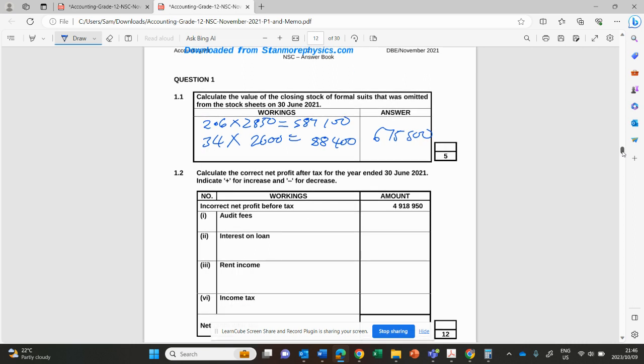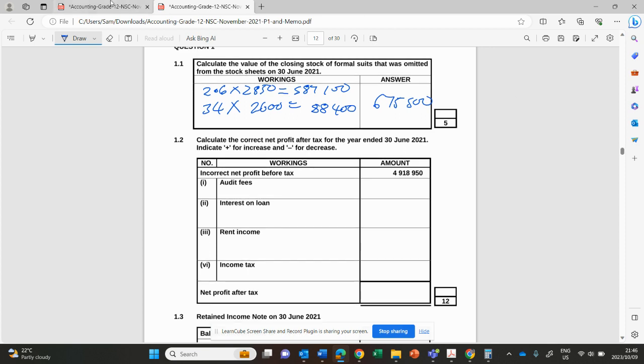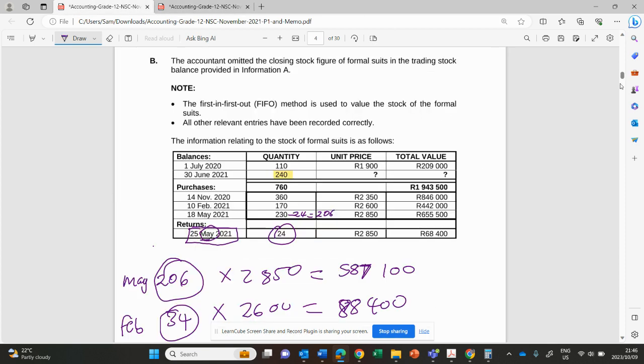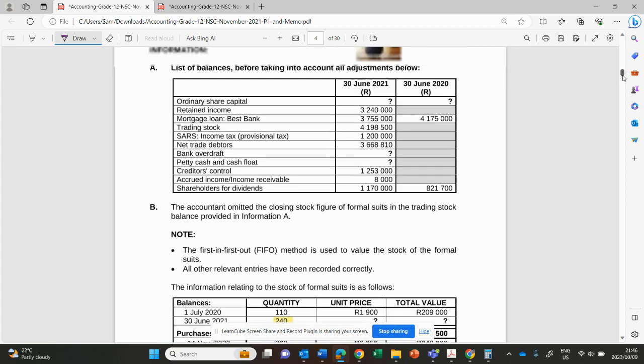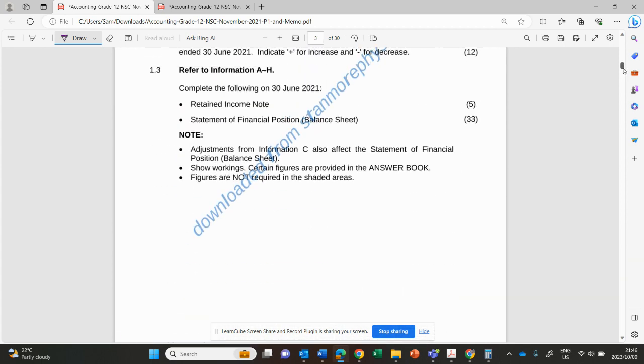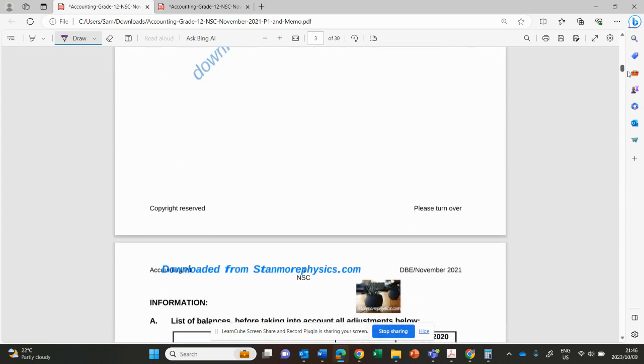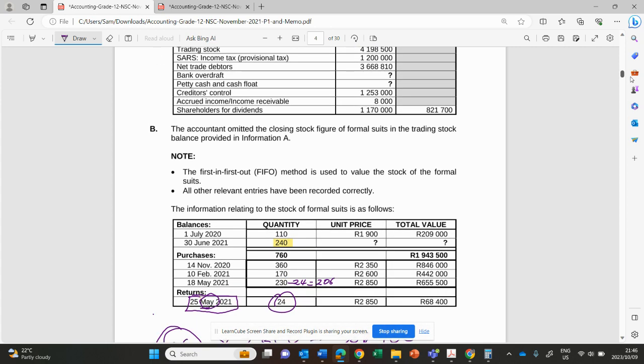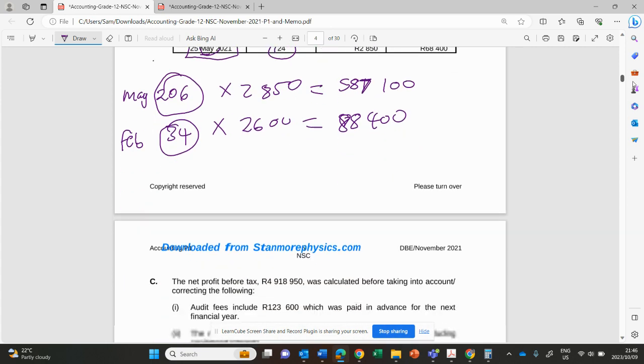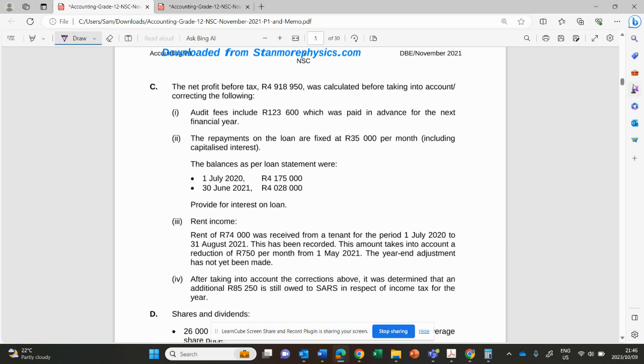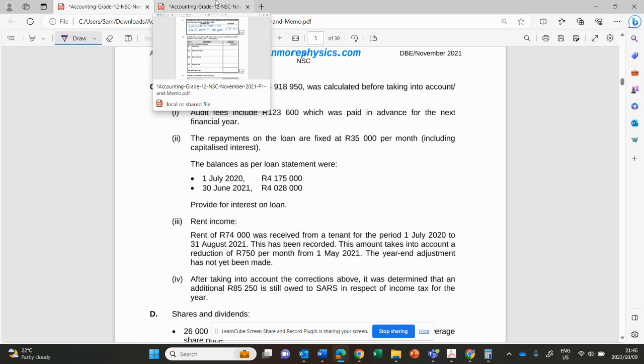Now 1.2, they are looking for the correcting of the net profit. So here we are rectifying the income statement, doing the reconciliation. You always start with the incorrect net profit before tax given.